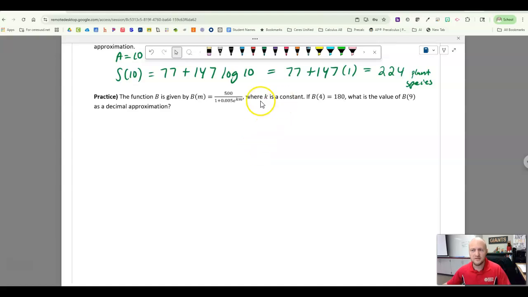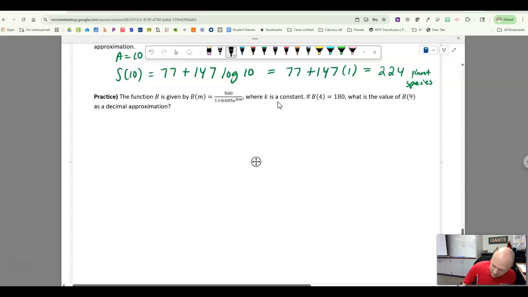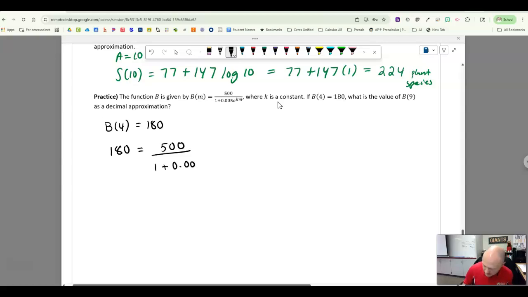One, we have to find what k is, and they do that with an initial value. So when they say B of 4 is equal to 180, they're saying 180 is equal to 500 over 1 plus 0.005 e to the power of k times my input, which is 4. So m is 4, and now we solve for k.